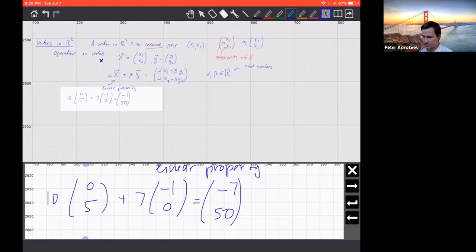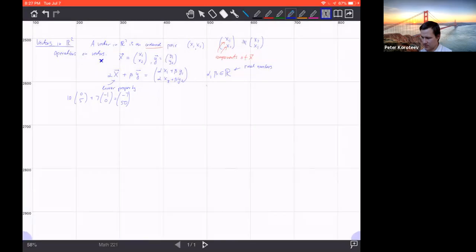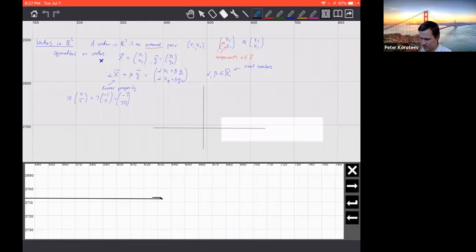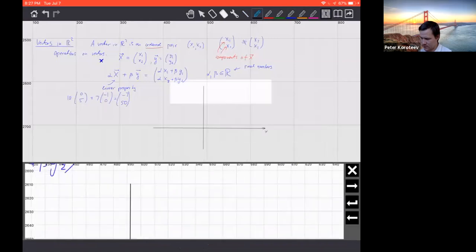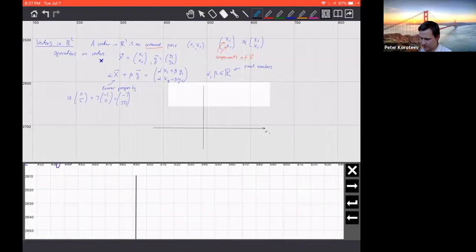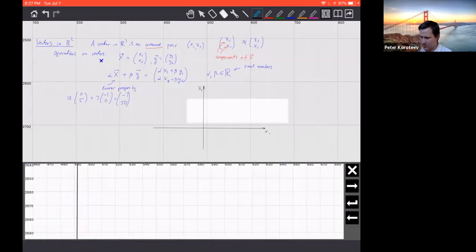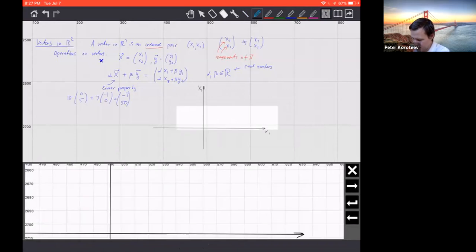Now, there's a convenient presentation of vectors using the coordinate plane. If you talk about R2, if it's x1 and x2, the ordered pair x1 and x2 provides us the position of a point with coordinates x1 and x2.